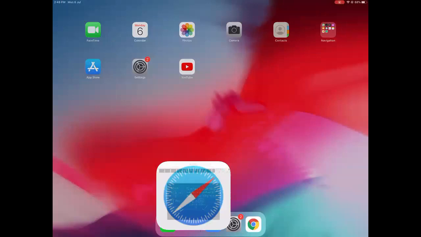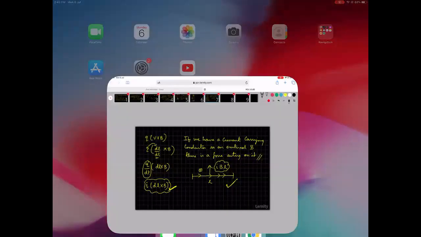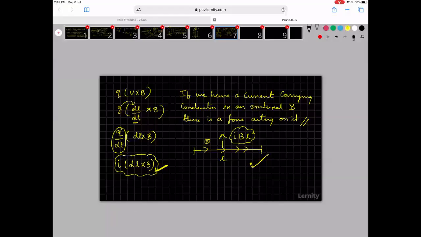Are we able to understand that if a current-carrying conductor is placed in an external magnetic field and there is a current through it, it experiences a force, and that force is equal to B into I into L?